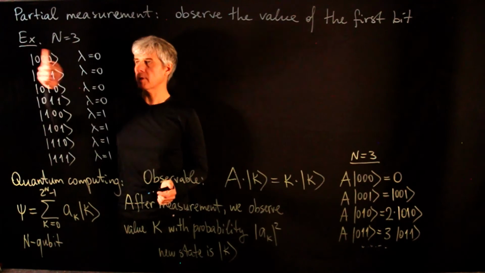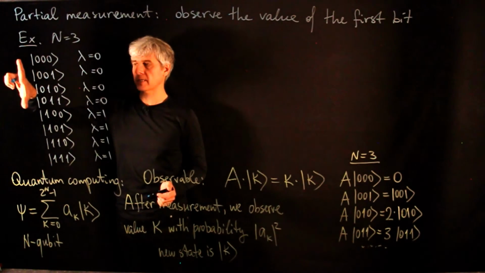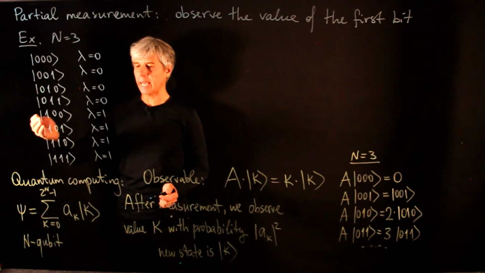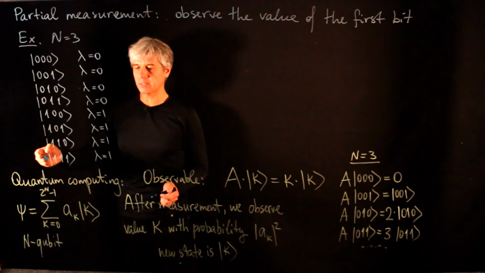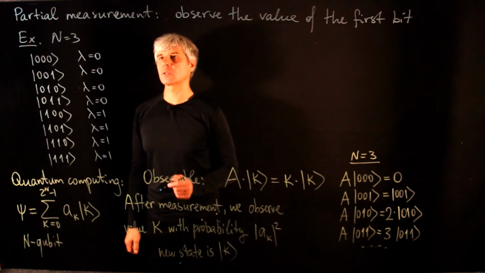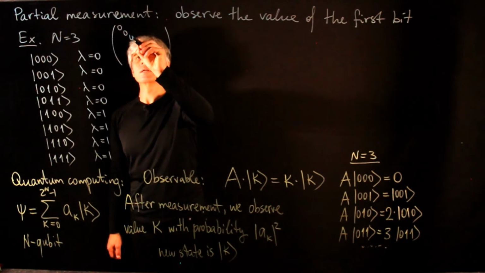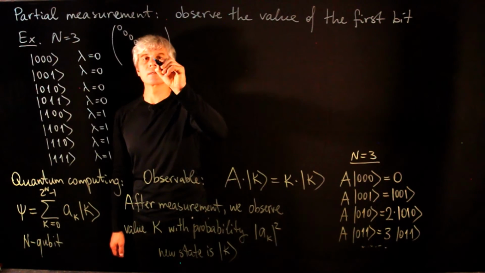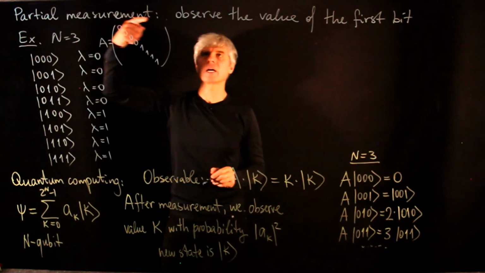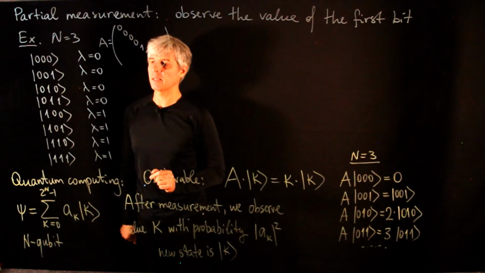So now we have an operator on 8-dimensional space that on these 4 basis vectors multiplies them by 0, or kills them, and for the last 4 basis vectors, it just produces value 1. So as a matrix, this will be a diagonal matrix with 4 zeros and 4 ones. So this is the observable that corresponds to this partial measurement. So we are just trying to observe the value of the first bit.